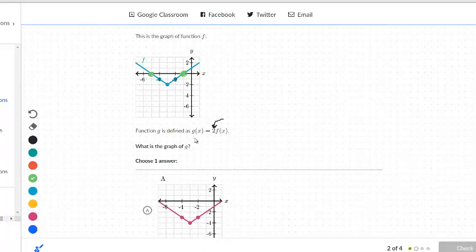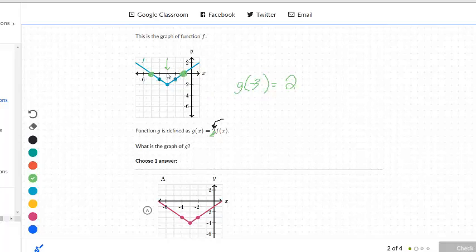And so if I want to think about something that is going to be stretched twice as tall, what I'm seeing is that my new g at my input value x is -3. So g of -3 is going to be twice as big. I'm going to take that 2 here. Twice as big as what my f at -3 was.